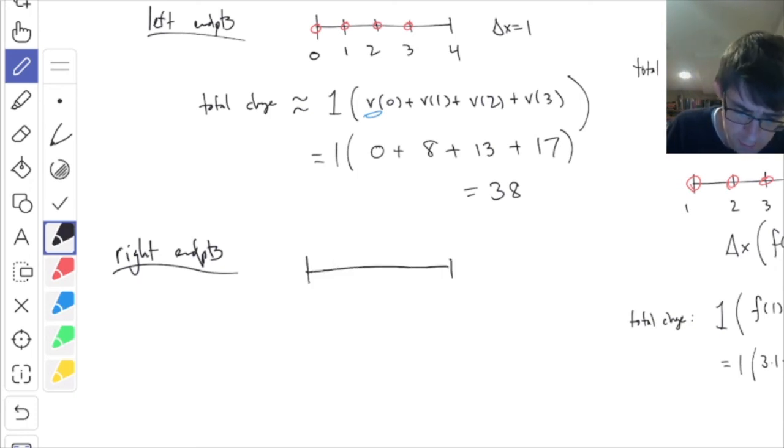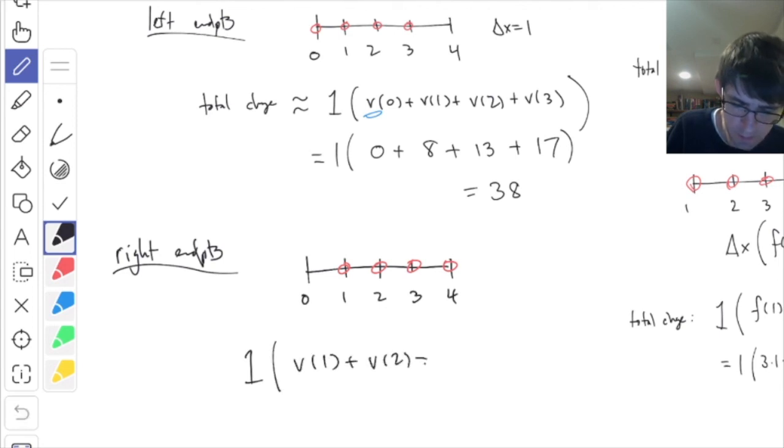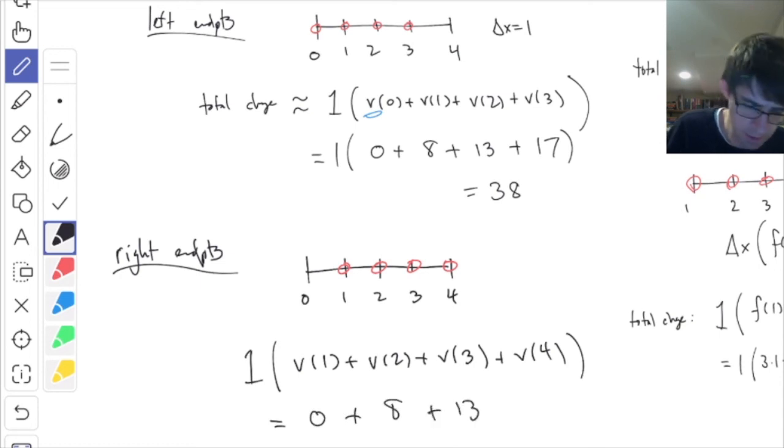Using the right endpoints is very similar. 1, 2, 3, 4. This time I choose only these guys, and I do the same thing. So the total change is 1 times v of 1 plus v of 2 plus v of 3 plus v of 4. And then you get these values out of the chart. It's not 0, sorry.